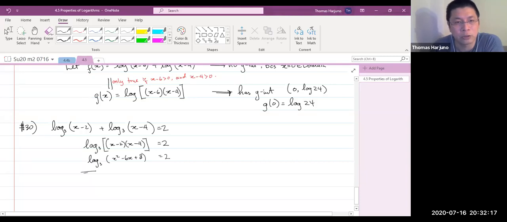Then change it into exponential form. X squared minus 6x plus 8 equals to 3 squared, which is 9. So x squared minus 6x equals to 1. I will proceed with completing the square here.